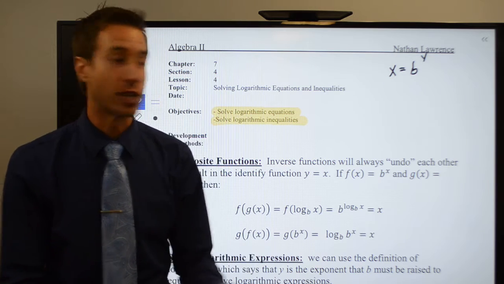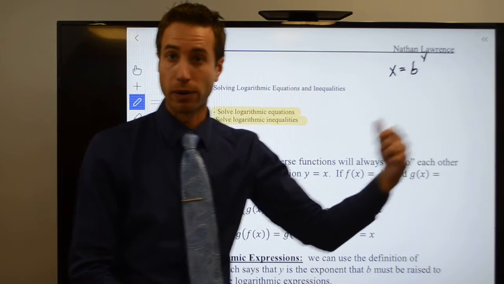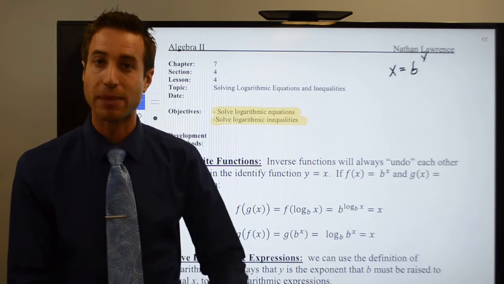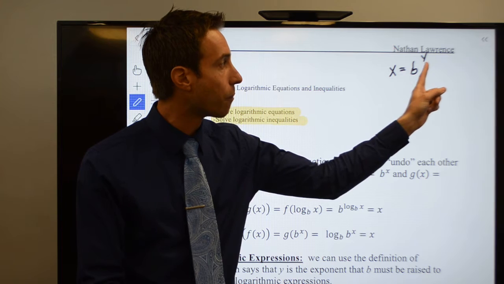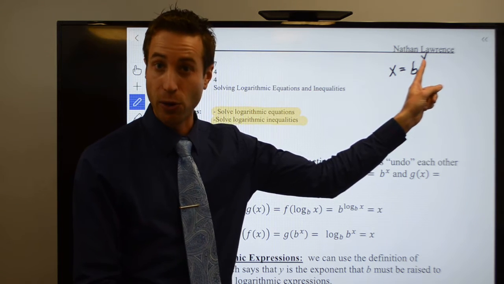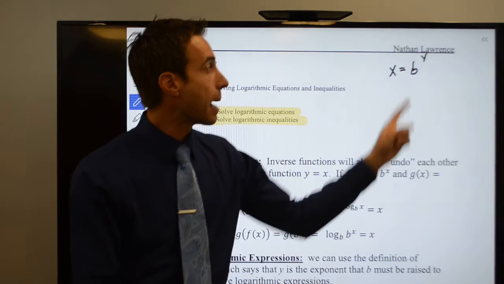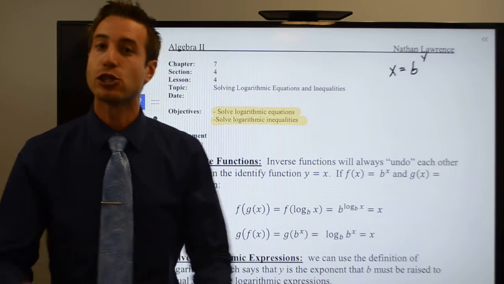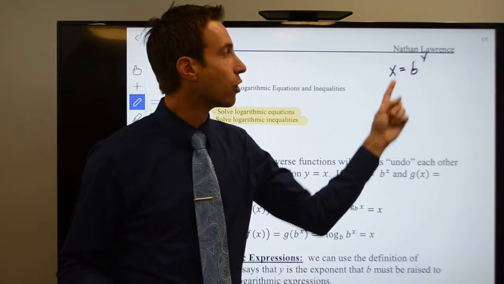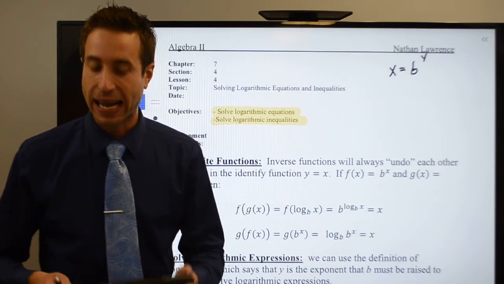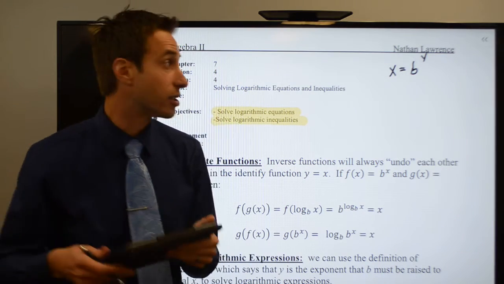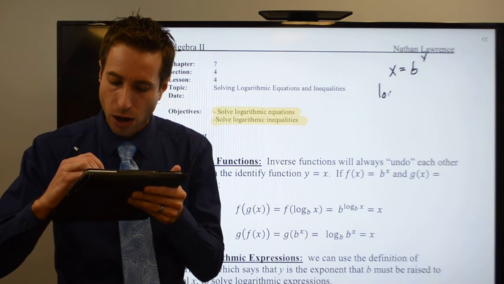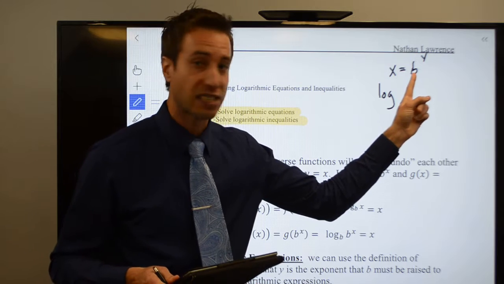Well, what we said is that the logarithm, by definition, is the power. What I'm asking you to do when I ask you to take a logarithm is figure out what that exponent needs to be so that b raised to that exponent gets me x. And so we call y the logarithm of x, because in order to solve this for y, we would simply take the log base b, since the base of my exponential is b.